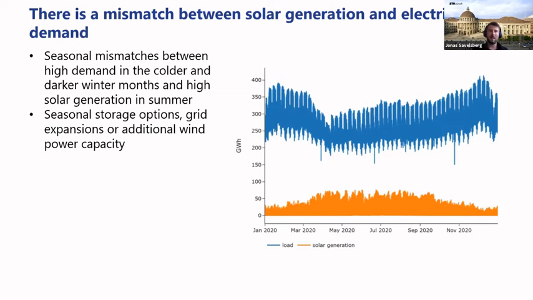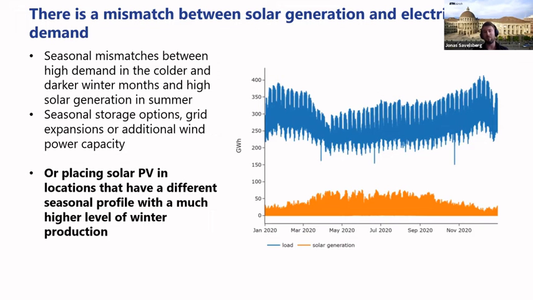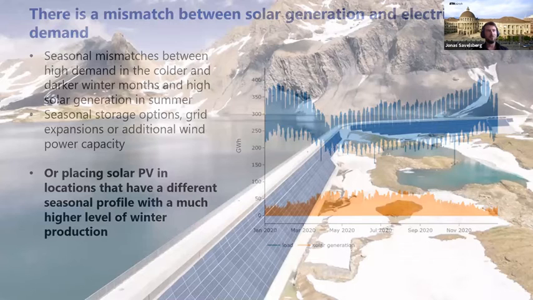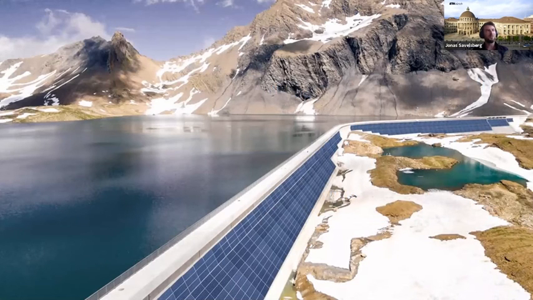So another solution that some people have come up with is placing solar PV in locations that have a different seasonal profile with a much higher level of winter production. This is another picture of what you've seen on the intro slide: a solar installation that's currently being built at the dam of one of the big storage lakes in Switzerland. PV panels placed at higher elevations can take advantage of a number of factors.